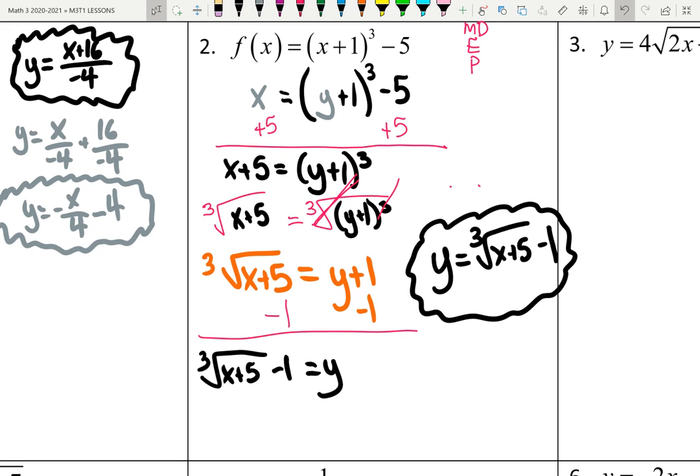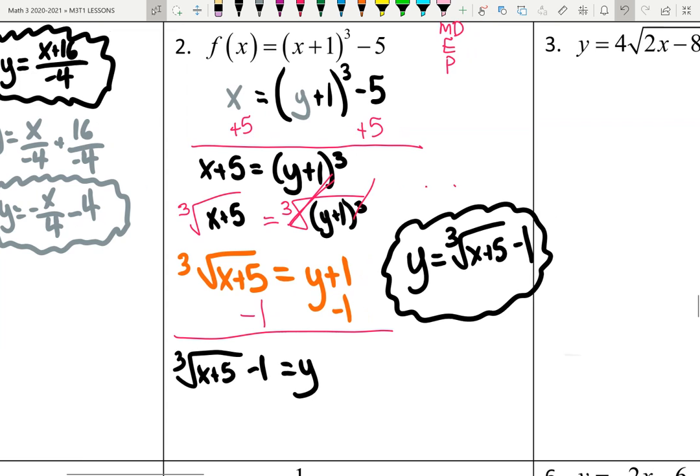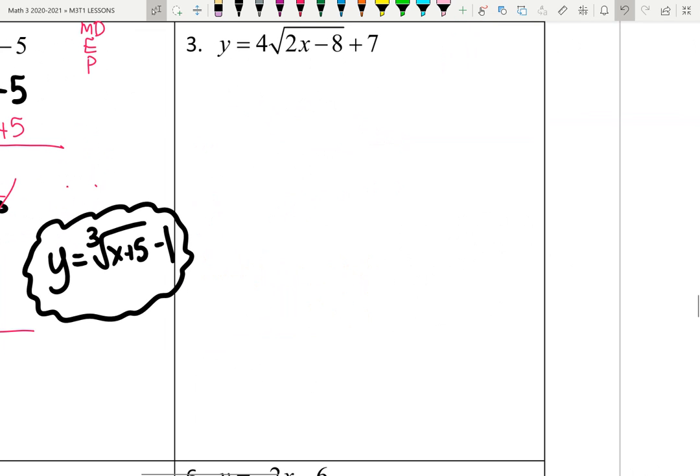All right, let's do one more. Like a robot, replace your x's with your y's and vice versa. Everything else stays the same.